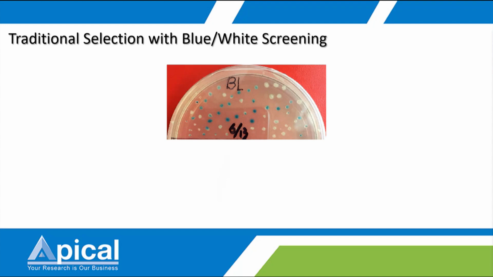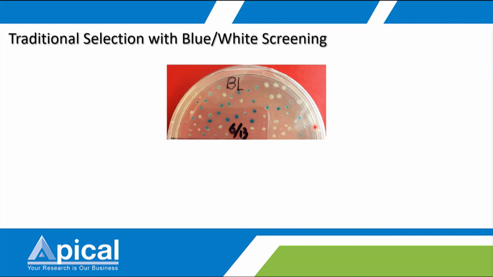One problem with blue-white screening, let's look at this picture. You will think all of this is blue color, right? But this is possible to be a white colony, and this is possible to be a blue colony. You will see blue and white colonies inside this half plate.